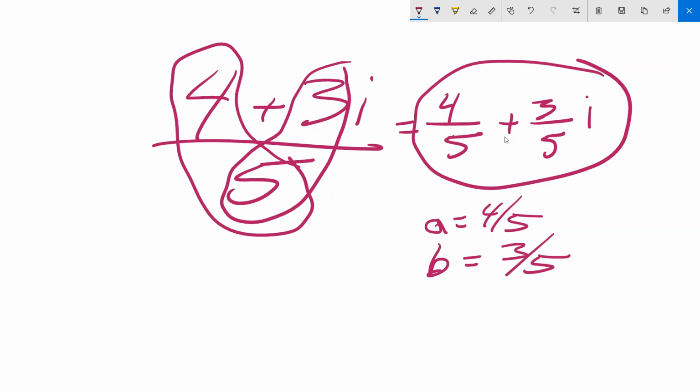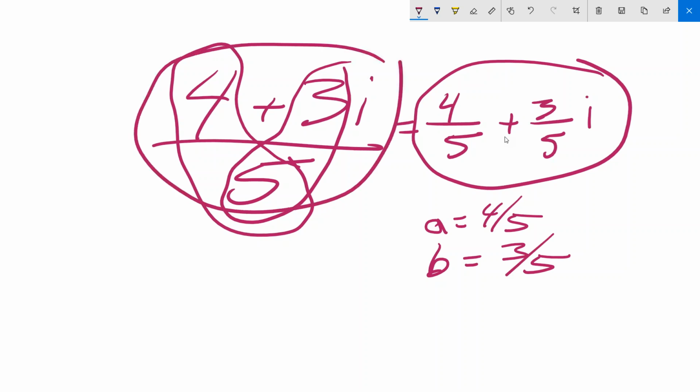You only need to worry about this if there's a real denominator. If you gave that as an answer, you might not lose points, but if the instructions were to give your answer in a plus bi format, you'd lose at least a point.